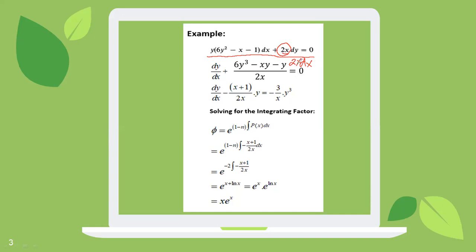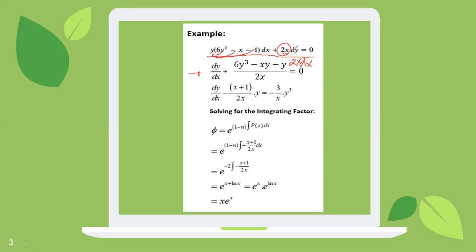Now, if you're going to divide by 2x dx, this should be the resulting expression after that. So this is your algebra already. Your expanded form for this one, 6y cubed minus xy minus y, that's the expanded form already of this one.